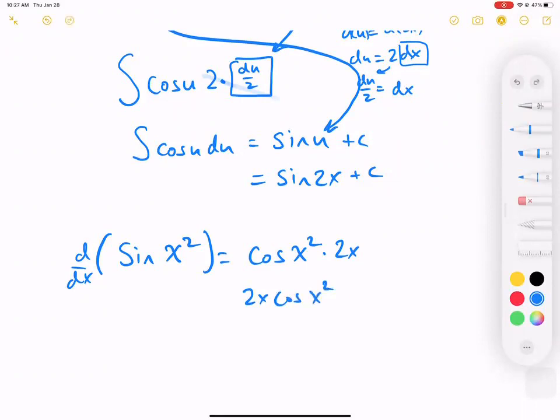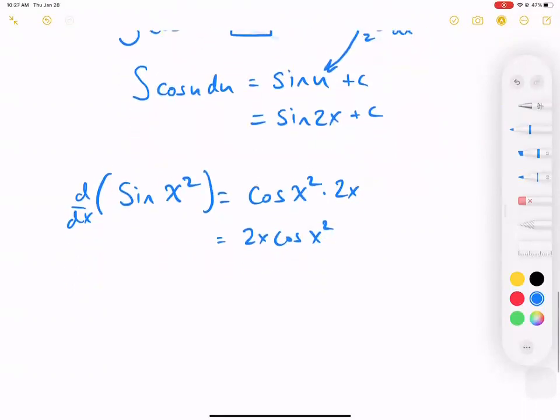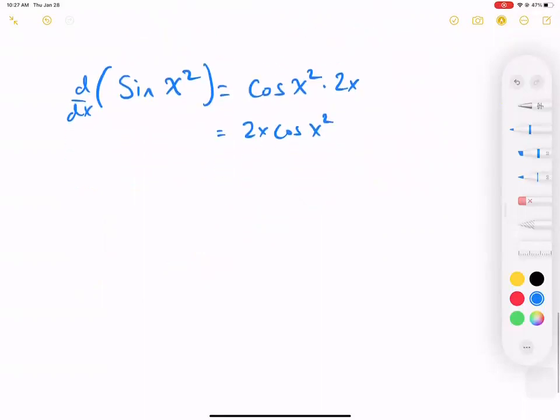Okay, believe it. Now, imagine if you walked into an integral problem that looks like this now. Integral of 2x cosine x squared, dx. Do you have an identity for that? Nope. So there's actually a thing going on.